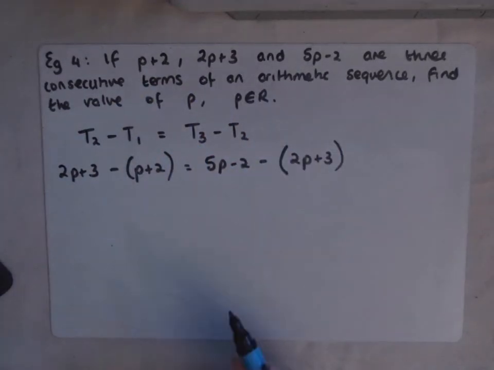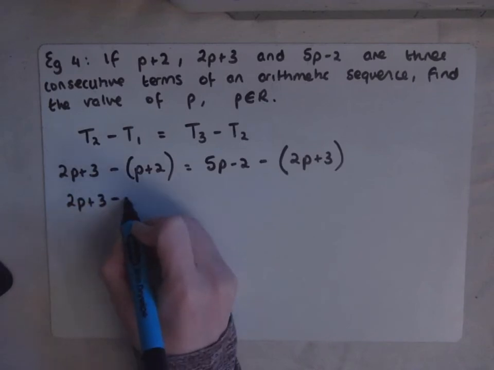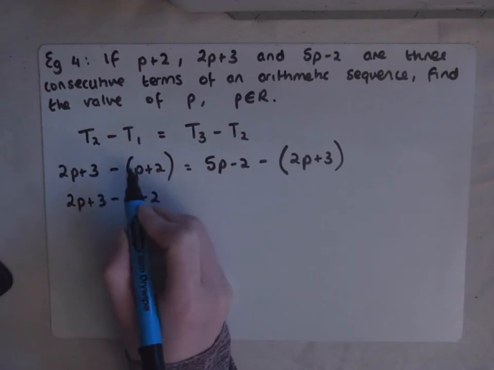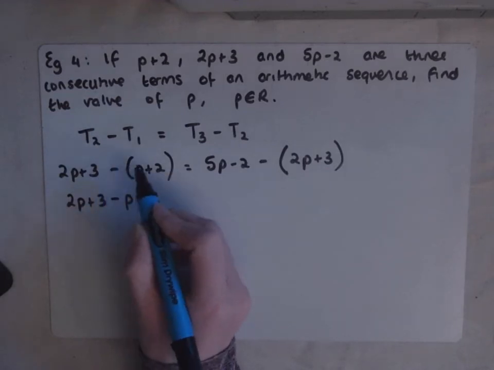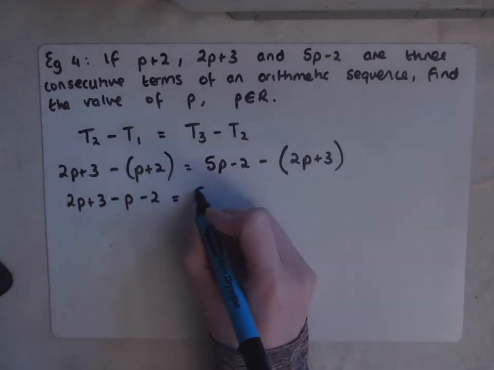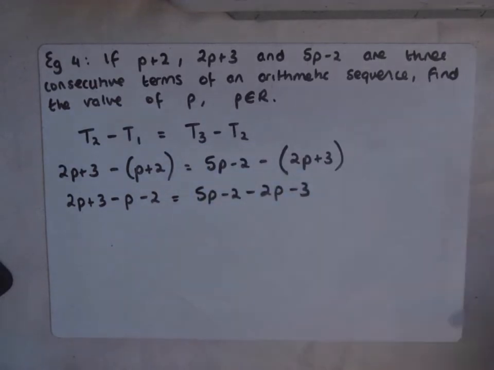All you're going to do is tidy up now. So that minus is outside the whole bracket, so minus with the p, minus with the 2. And same here.